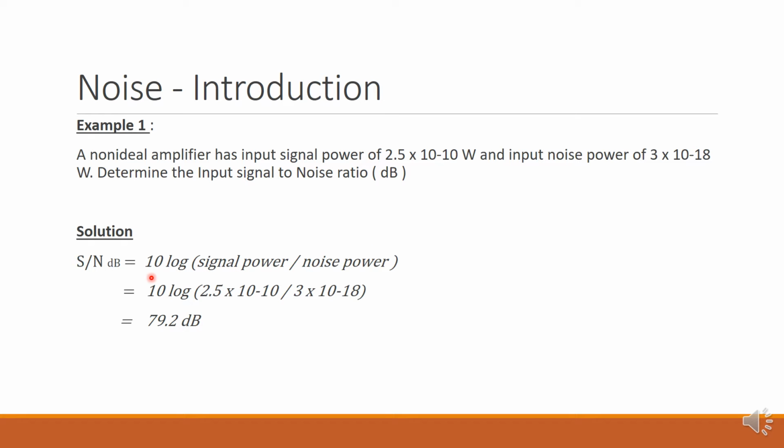Do not use 20, as the given value is not RMS, not AC voltage RMS. So here we use 10 log, apply the values into the formula, and we get 79.2 decibels. This is how much the signal power exceeds the noise power.